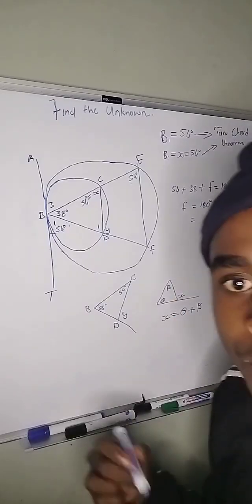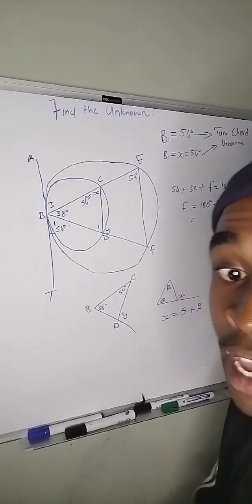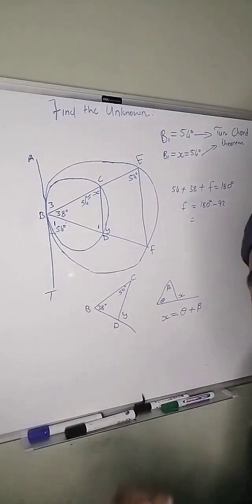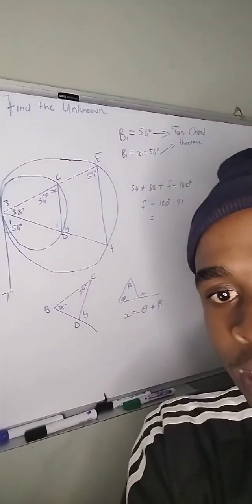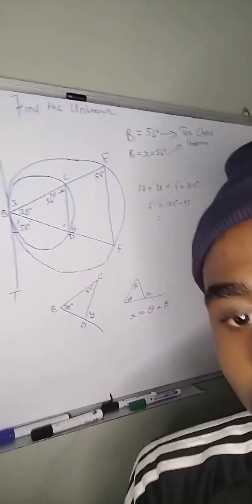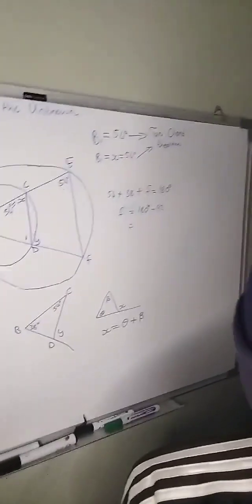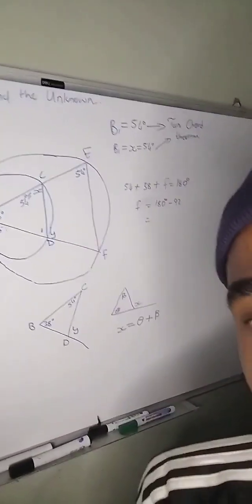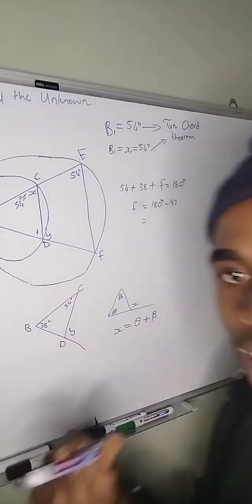Reason: the exterior angle of a triangle. Let me just move this to the side and bring this closer. We are learning today.